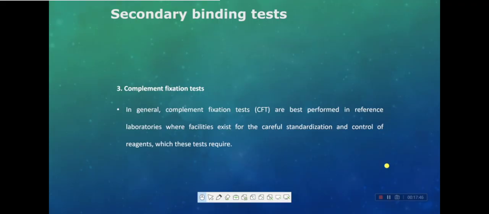So the highest dilution of serum that prevents hemolysis is the antibody titer. So if the patient serum does not contain the corresponding antibody, the complement will not be used and will be available to fix and hemolyze the antibody coated red cells. Right? This is how the test is performed in the laboratory.